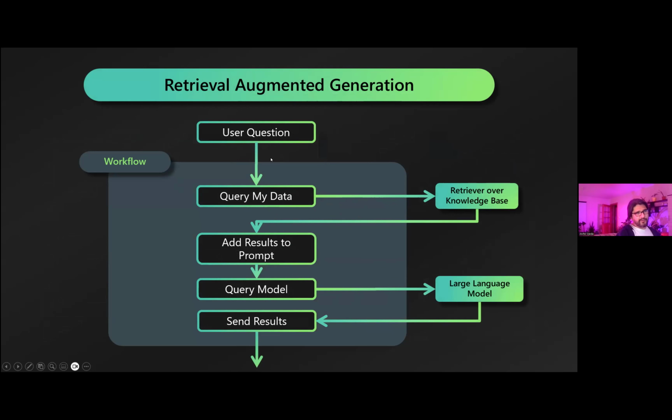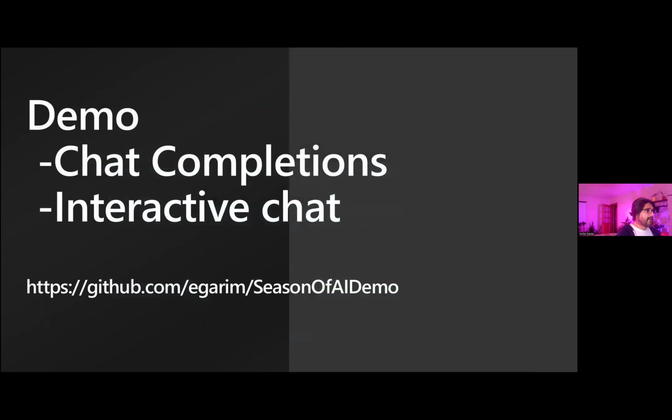So it's a lot of pre- and post-processing, because first you need to query your database, and it has to be a vector database for this to be more accurate in general. So let's see, it's time for the demonstration.